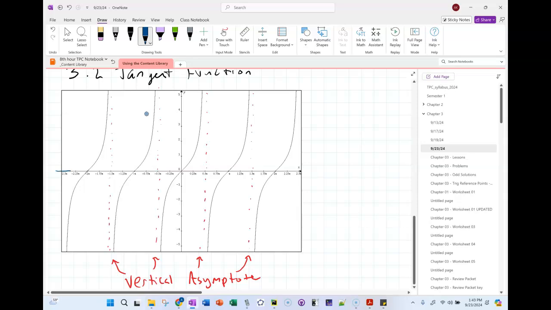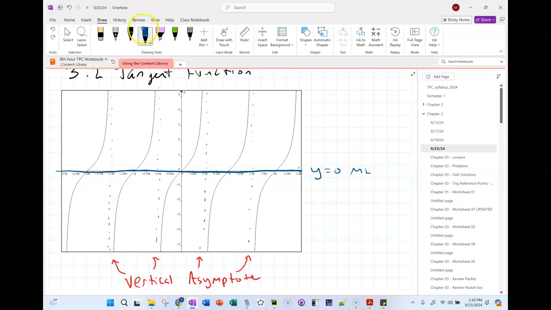You mean y equals 0, but yes, right? The x-axis. So we still have a midline. And notice kind of where that midline is. It's where the graph changes the way it bends, right? So all of those points where the graph crosses the midline are still going to be called midline points.